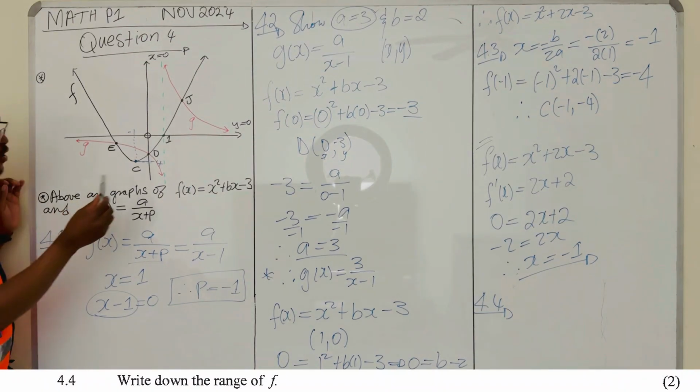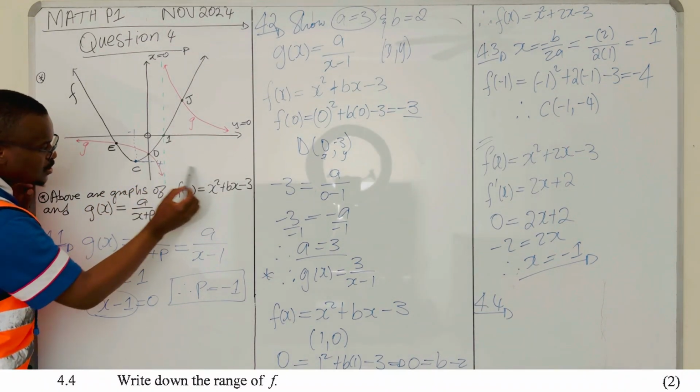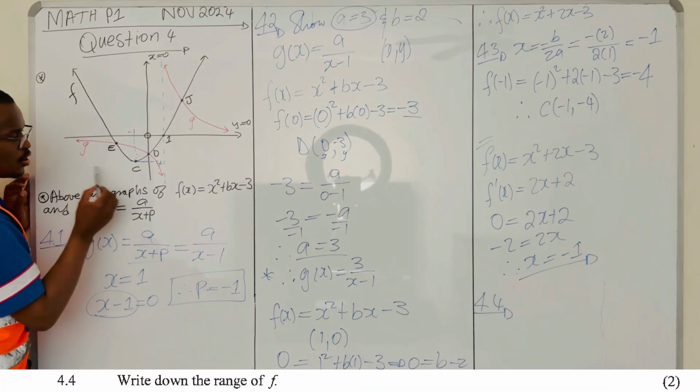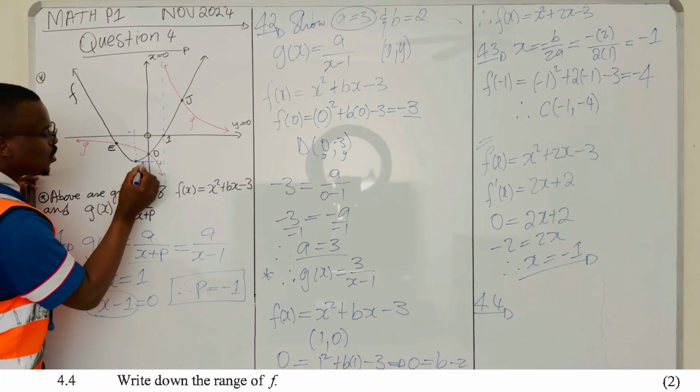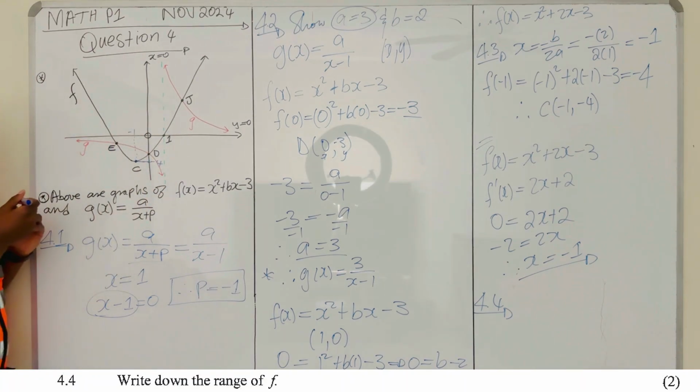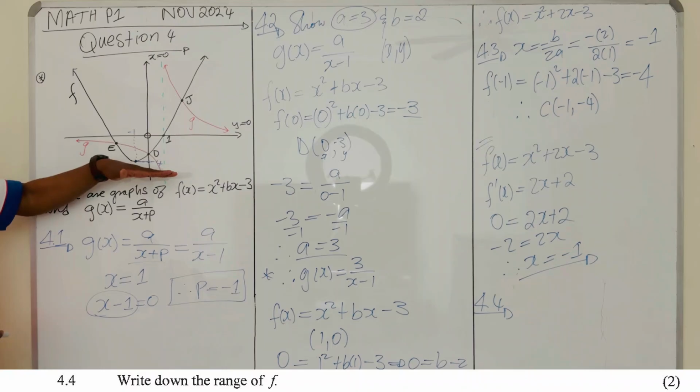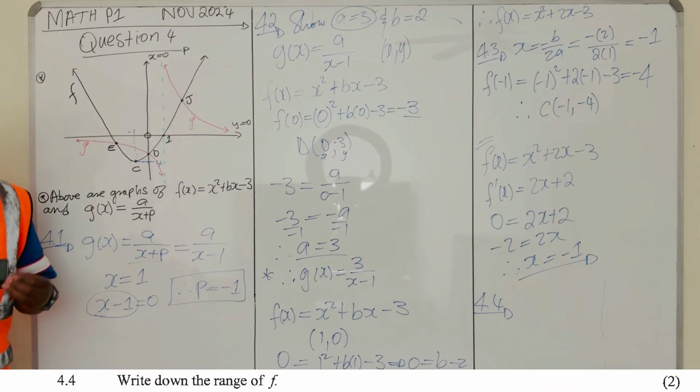Are you with me? Yes. For example here, there's no function here, right? Yes. There's no function down here. So your function uses all the y values from minus 4 going up. So your y value should be above or equal to minus 4.